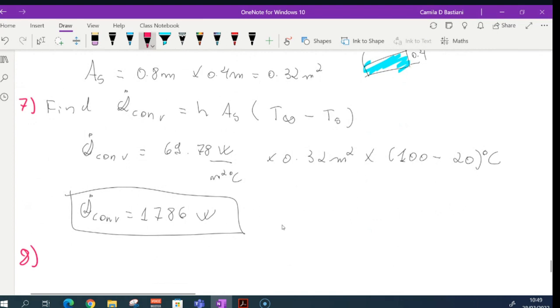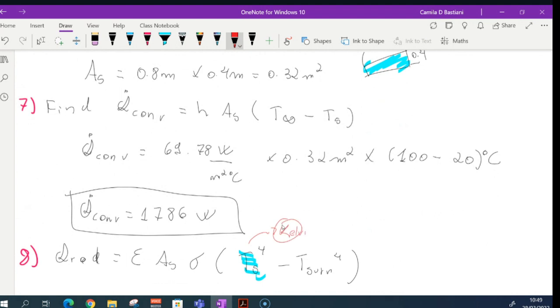Now, because we have radiation also involved, I need to find my radiation heat rate: emissivity, area of the surface, Boltzmann constant, temperature of the surface to the exponent 4, minus temperature of the surroundings to the exponent 4. And remember, when I talk about radiation, my temperature must be in Kelvin, okay?